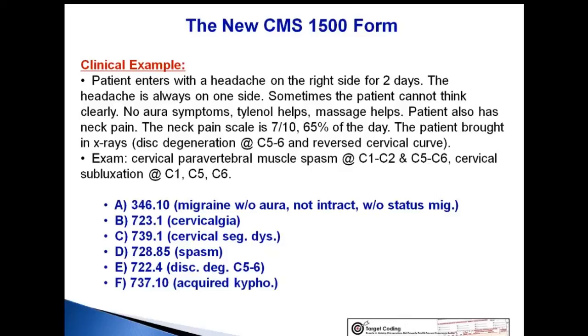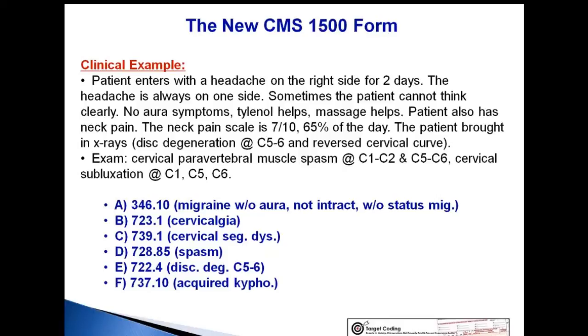So here are the diagnosis codes. Migraine headache, 346.10. Please make sure you know the difference between a migraine headache and a tension headache. A migraine headache is an autonomic nervous system disorder. It usually occurs on one side. Patient can't think clearly, gets confusing thoughts, so that's migraine headache. Aura, you should know what the difference is.